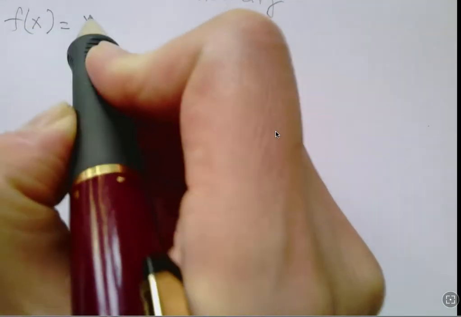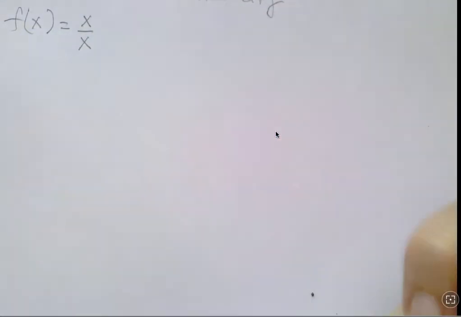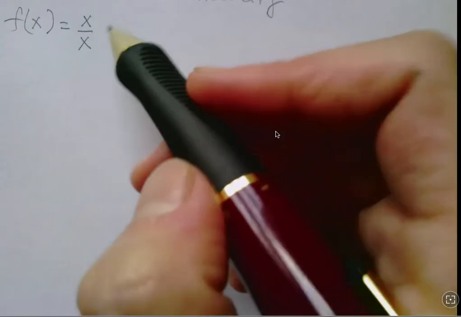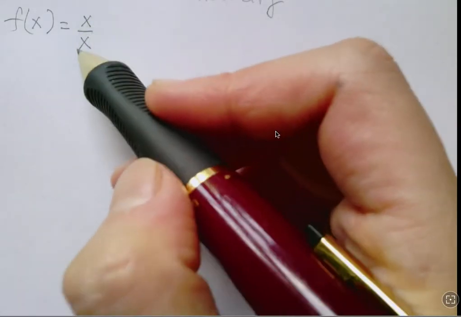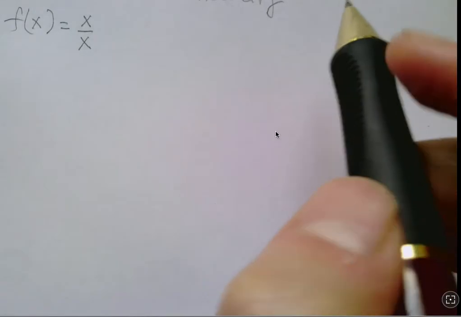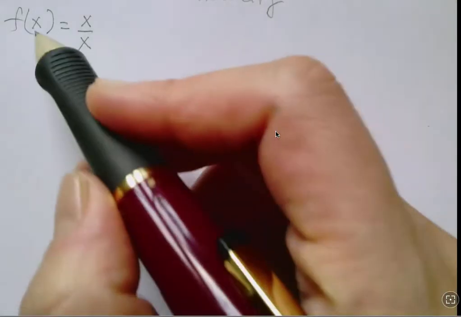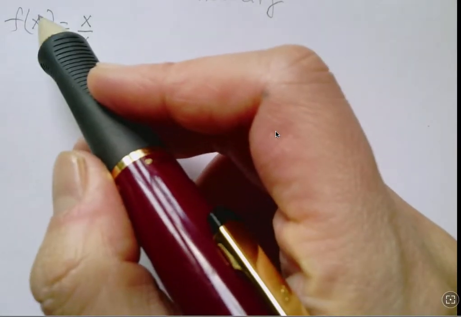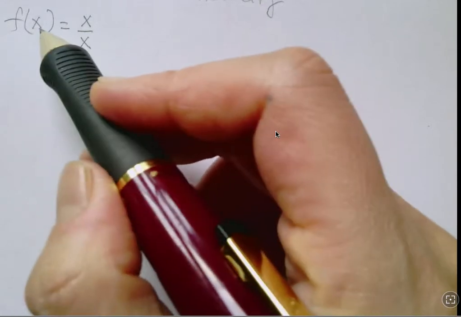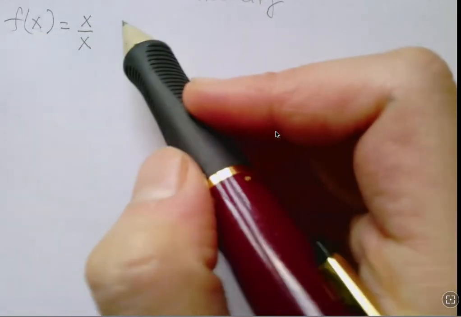So we'll start with a very simple example. Let's look at this function f of x equals x over x. Now you might think, well, that just equals 1. You can cancel the x's. But that's not always true. When you plug in 0 for x, f of 0 equals 0 over 0, which is undefined.